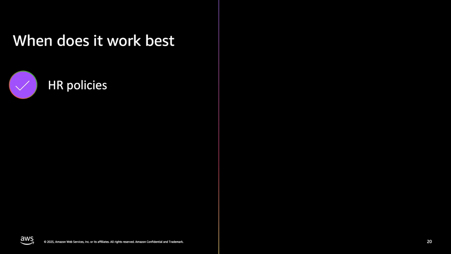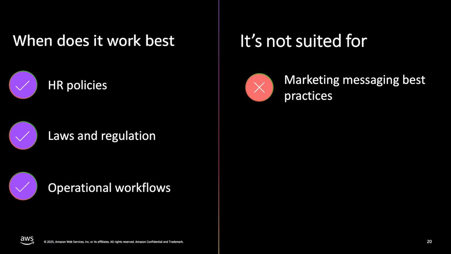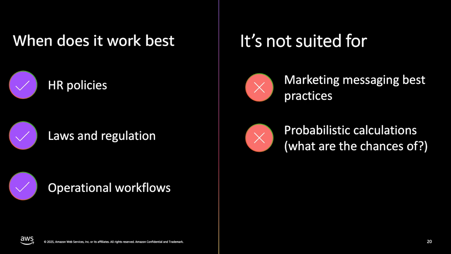So things like HR policies, laws and regulations, operational workflows that are deterministic in nature. We've seen that it's not suited for things that are probabilistic, like marketing messaging best practices, or what are the chances of, or even things like qualitative description. We don't think automated reasoning is suited for those.